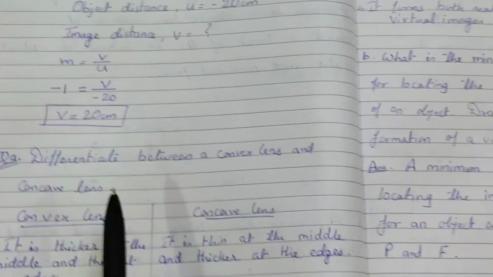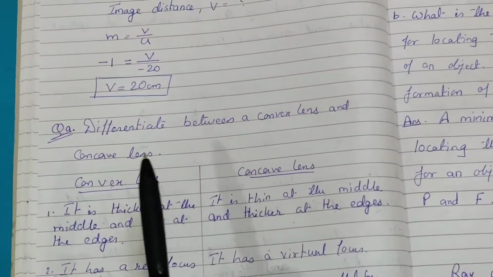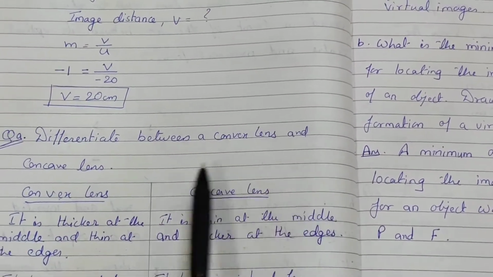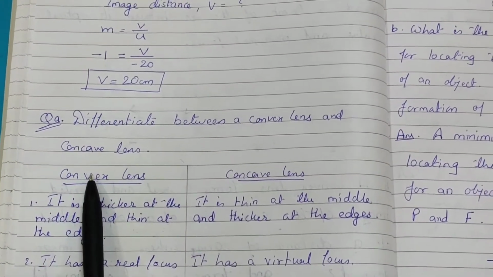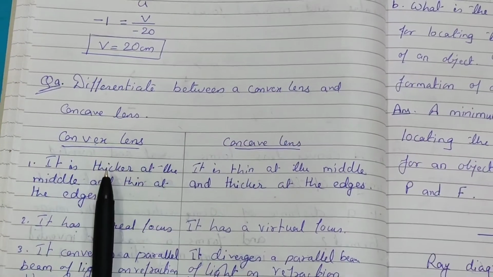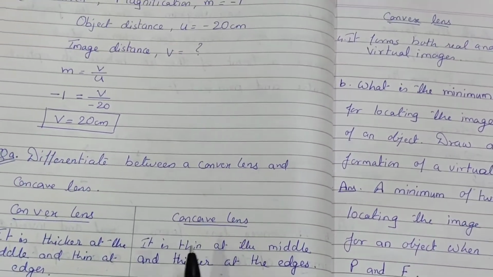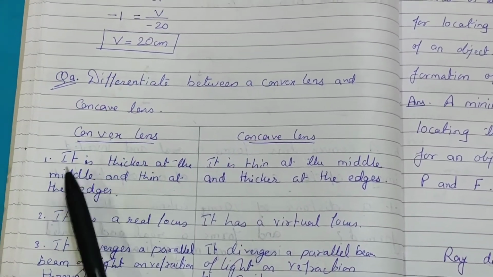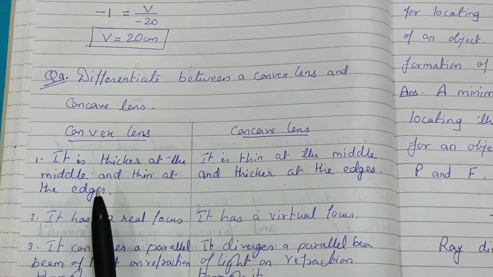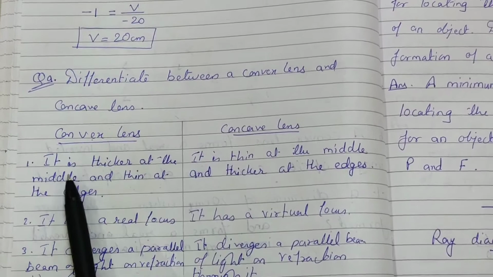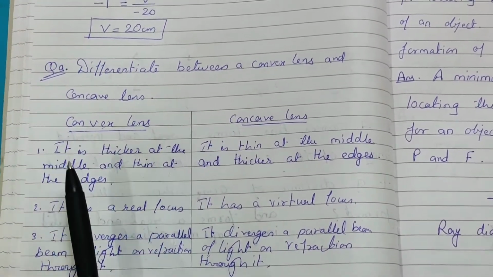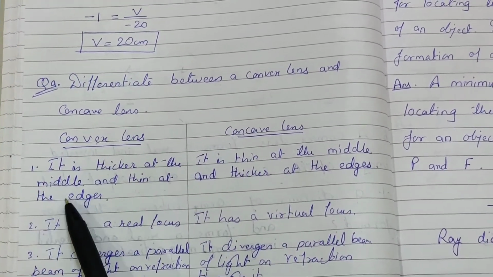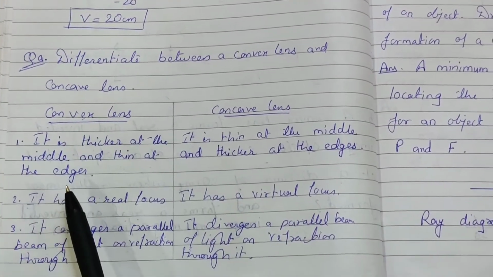Okay, our next question is, differentiate between a convex lens and concave lens. You have to differentiate between the convex lens and concave lens. At least you have to write 4 points, and you can draw the diagram also. Wherever the difference is given and a diagram is there, you have to draw the diagram.